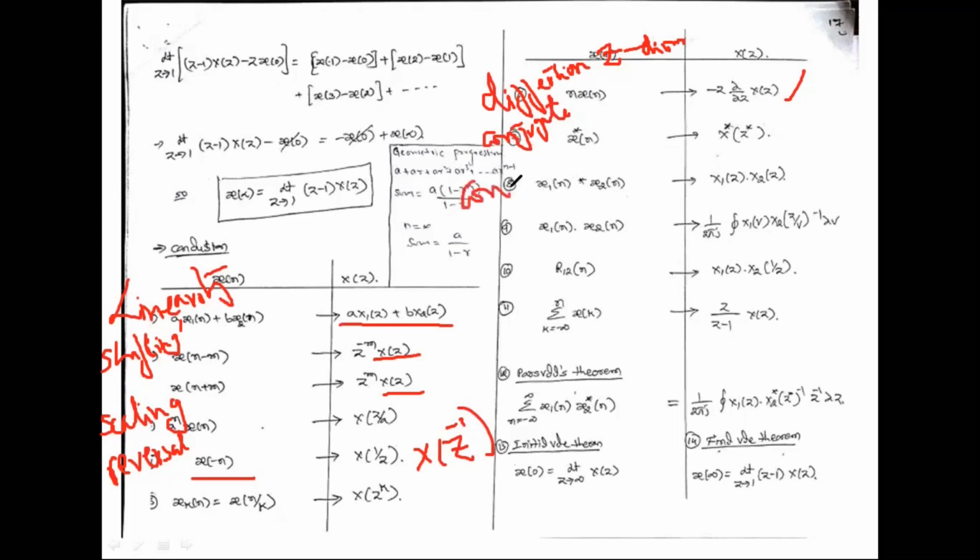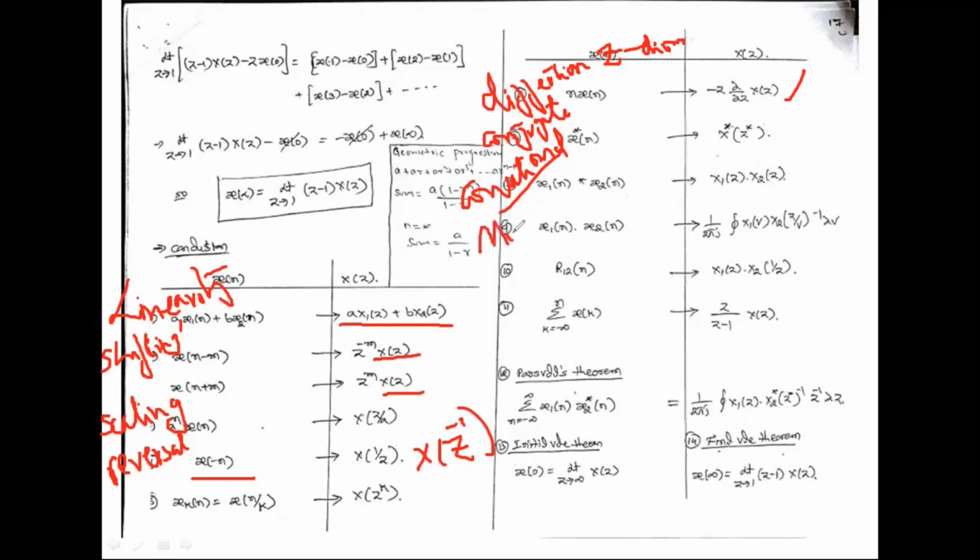is the convolution property. Convolution in time domain. Convolution of x1 of n with x2 of n gives x1 of z and x2 of z as a product. Time is convolution, frequency domain is a product.